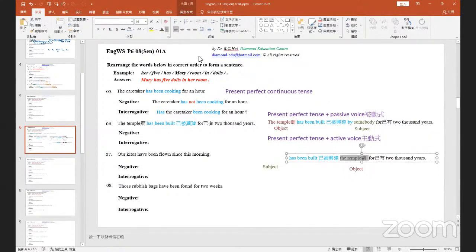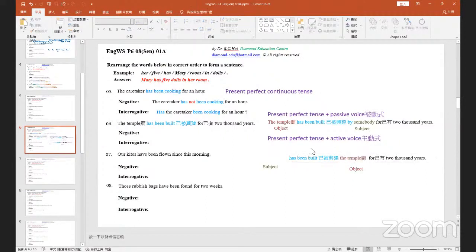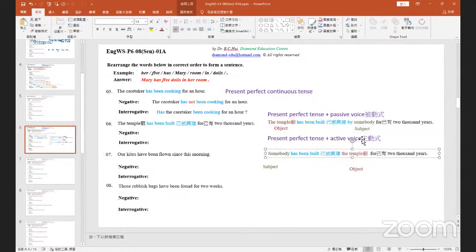Now, the temple is the object. Somebody is the subject. If you want to change the sentence between active voice and passive voice, the verb would also be changed. Now, by is not a verb, it is a preposition.